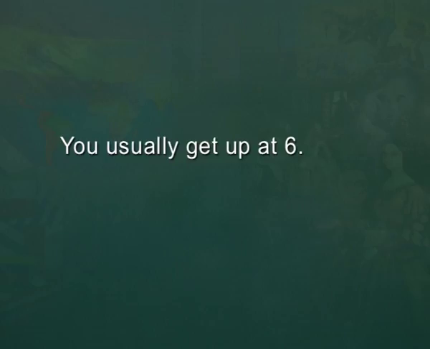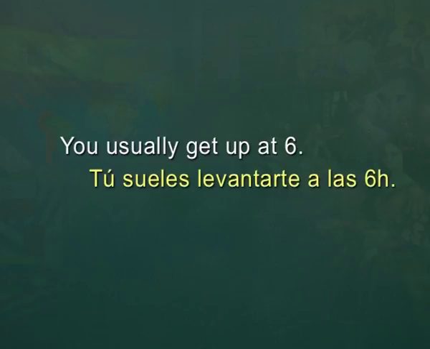So the verb soler is conjugated for the person whose habits we are talking about. So if we want to say you usually get up at 6, how will you say that in Spanish? Tú sueles levantarte a las 6.